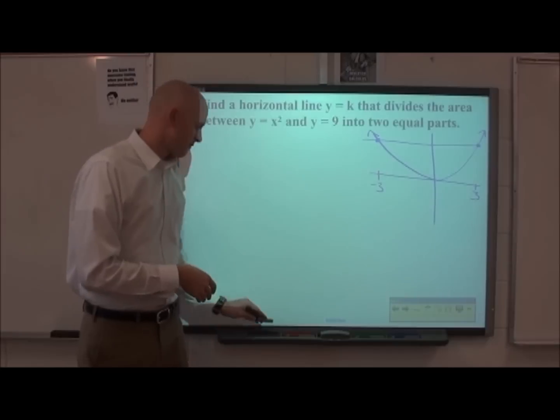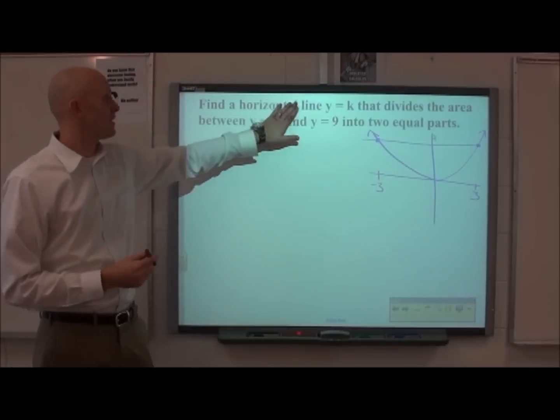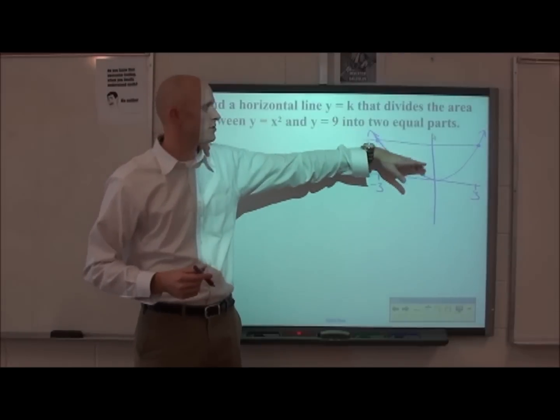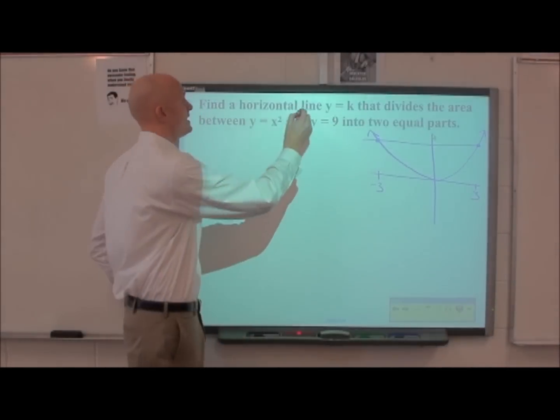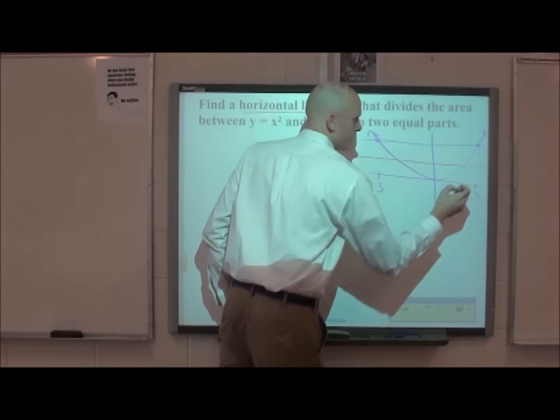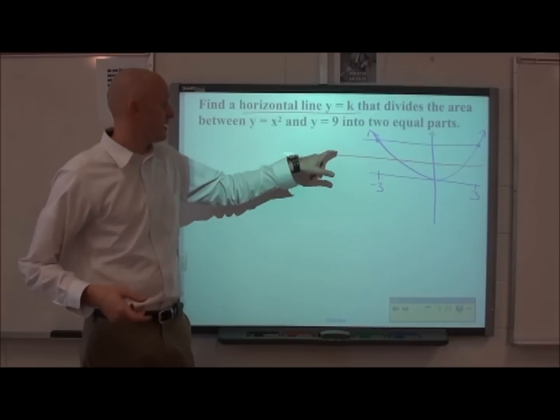Now, what we're looking for is some horizontal line y equals k that divides the area between these two things directly in half. It is a horizontal line. So the line we're looking for is this line here.